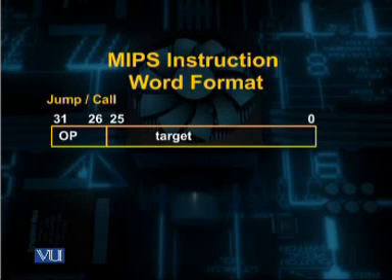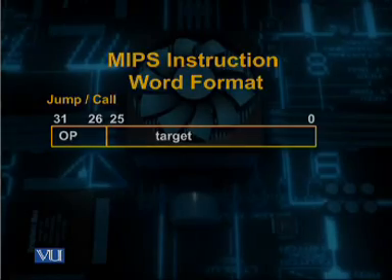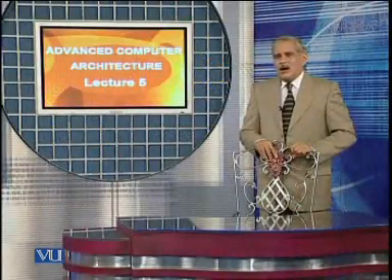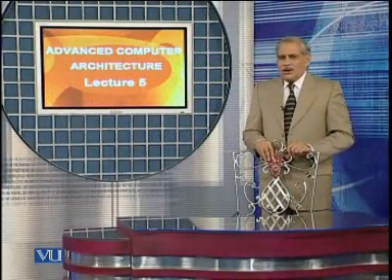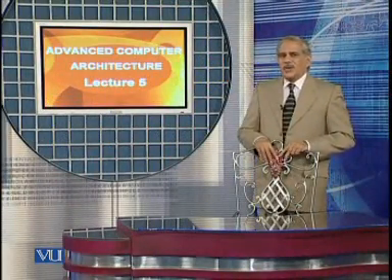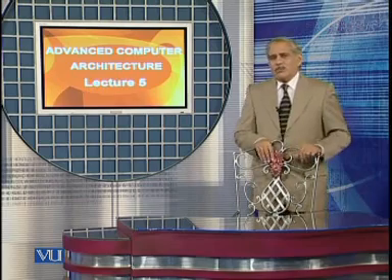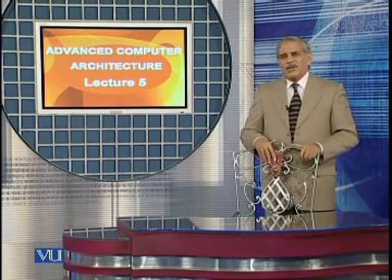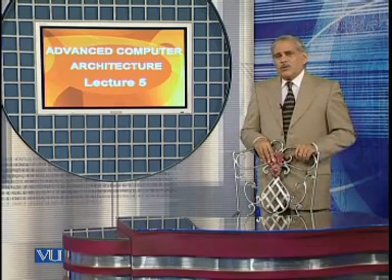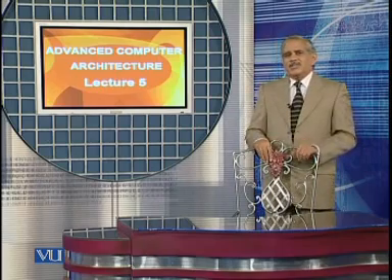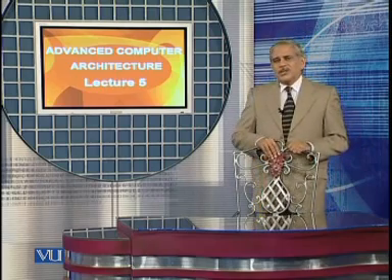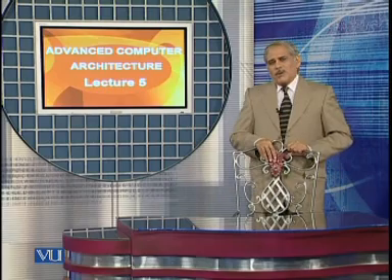The first field is the opcode, which is again a 5-bit field, and the remaining 26 bits are the target address. However, these 26 bits are shifted 2 bits to the left for aligning to the boundary of a 4-byte instruction word. The total 28-bit address is the new address which is transferred into the program counter.